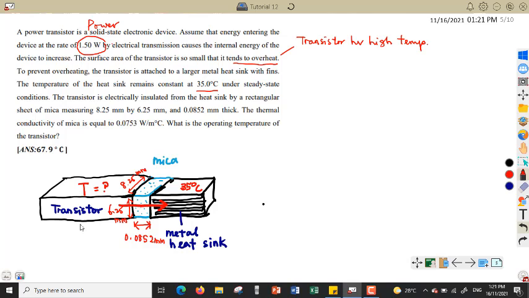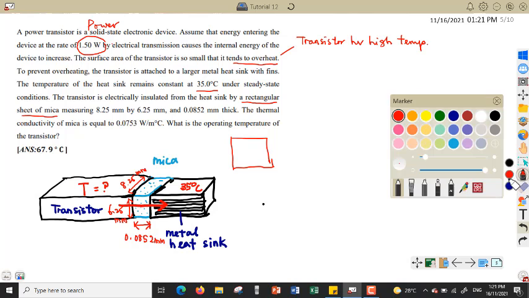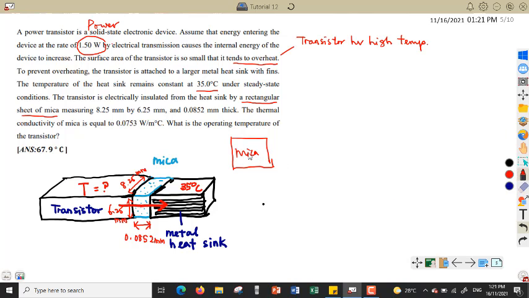So the transistor is not connected directly to the metal heat sink, but in between the transistor and the metal heat sink there is a rectangular sheet of nickel, whereby the dimension is 6.25 mm times 8.25 mm.